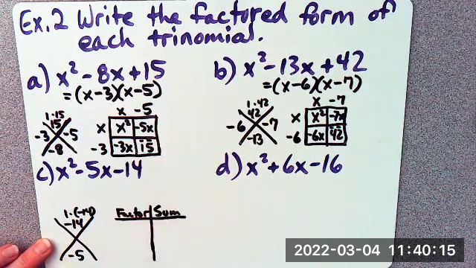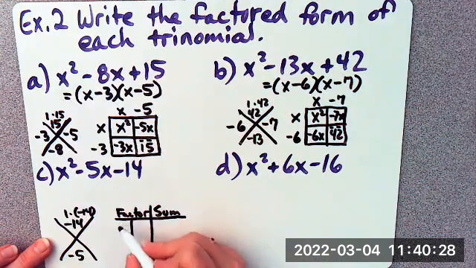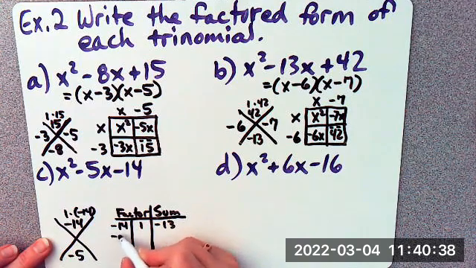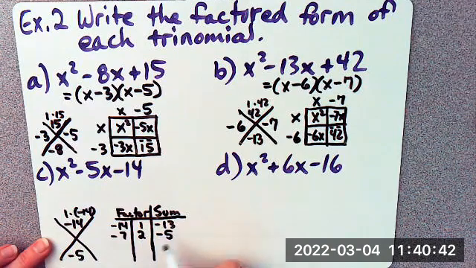Okay, so we know that when we're doing the factors, the largest of the factors that have a product of negative 14 is negative because our sum is negative. So if we have a negative 14 times 1, that would be negative 13 for the sum. Then we have negative 7 times positive 2 gives us negative 5. Well, that's it.